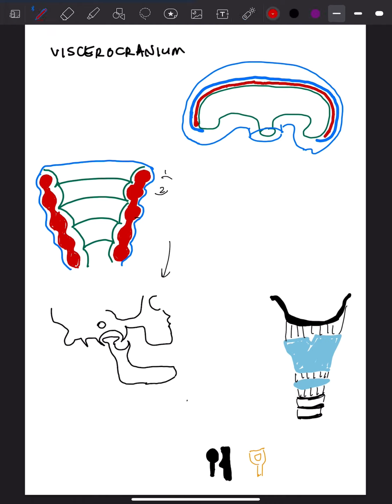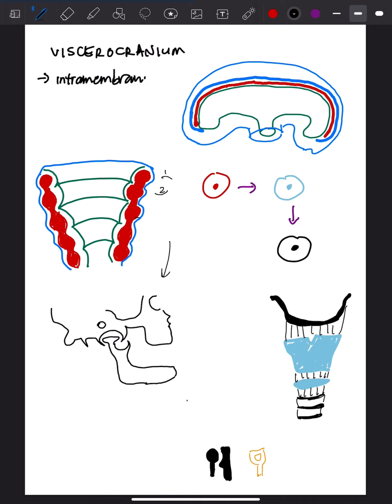Mesodermal cells for the visceral cranium, if you remember, will become chondroblasts first, and then differentiate to become osteoblasts. The visceral cranium will also go through what is known as intramembranous ossification.